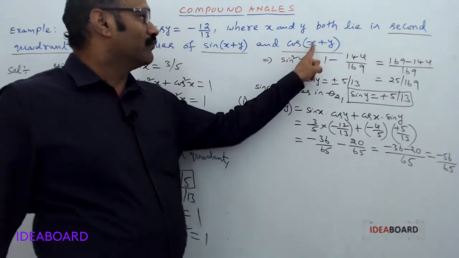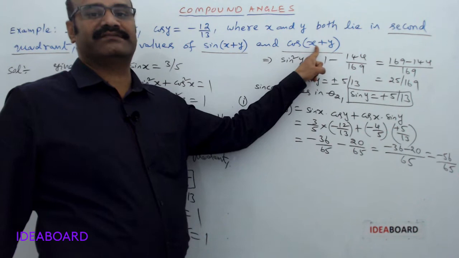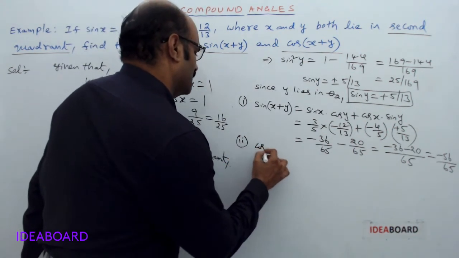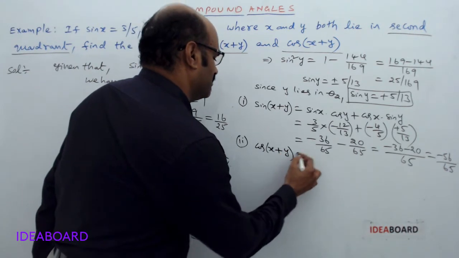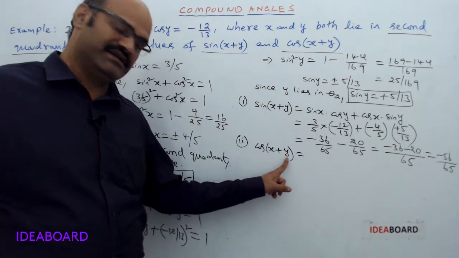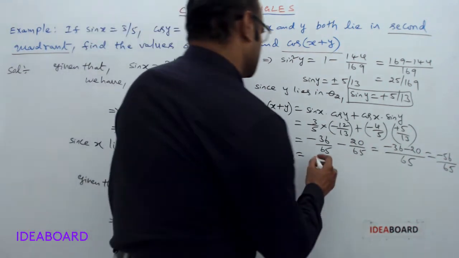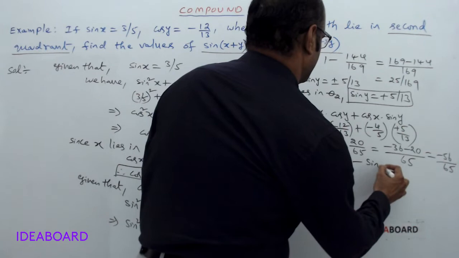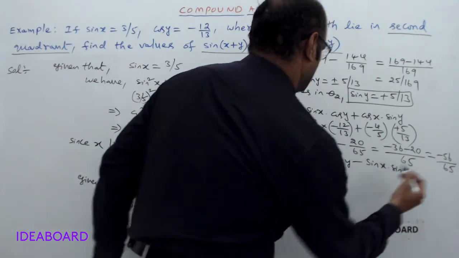Now we have to find cos of x plus y. The formula for cos of x plus y is cos x into cos y minus sin x into sin y.